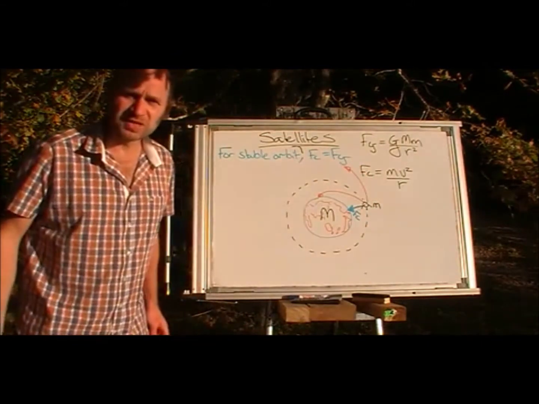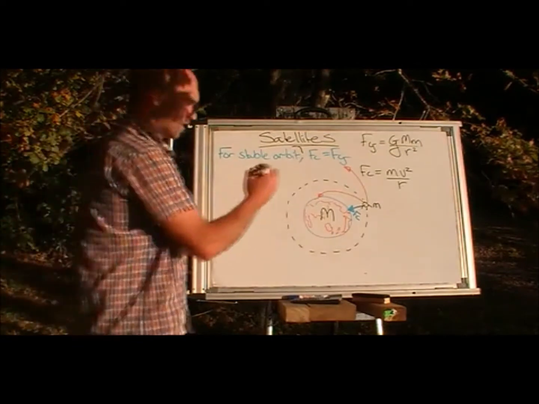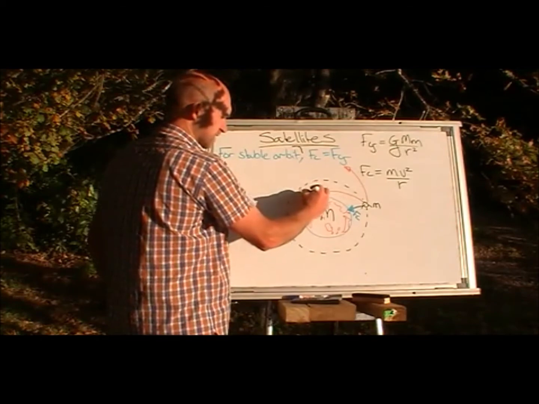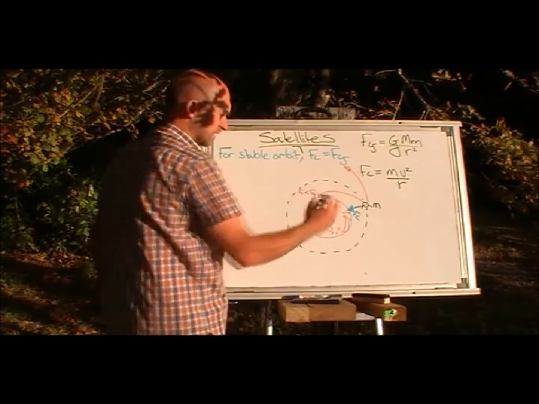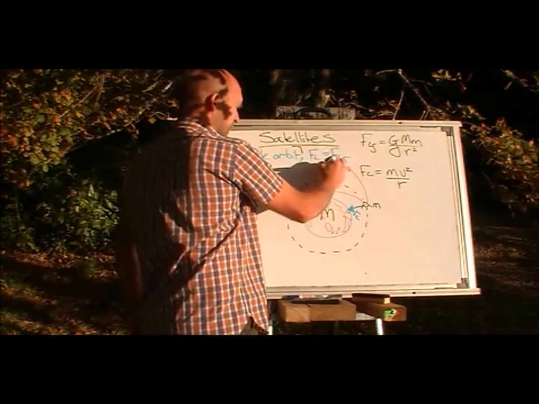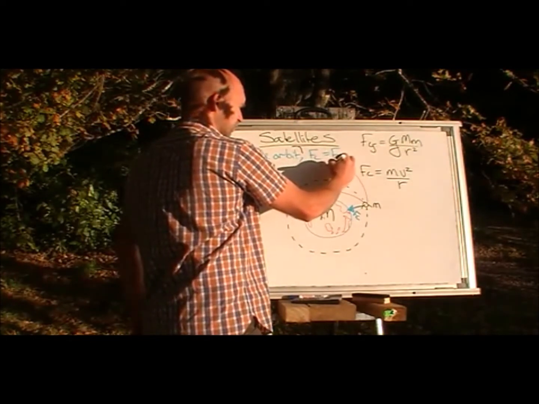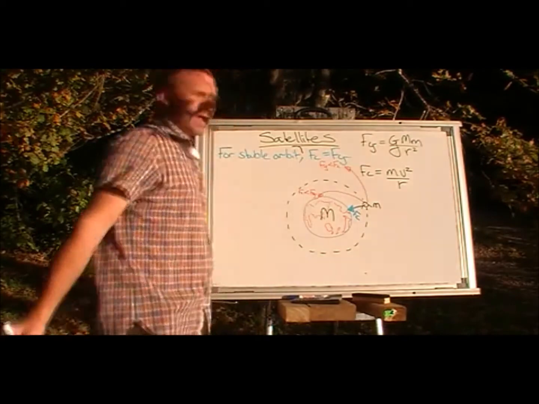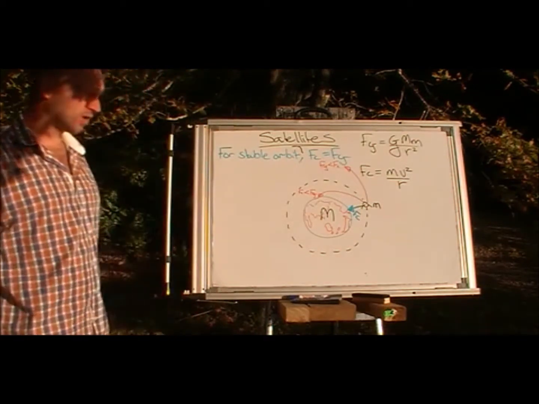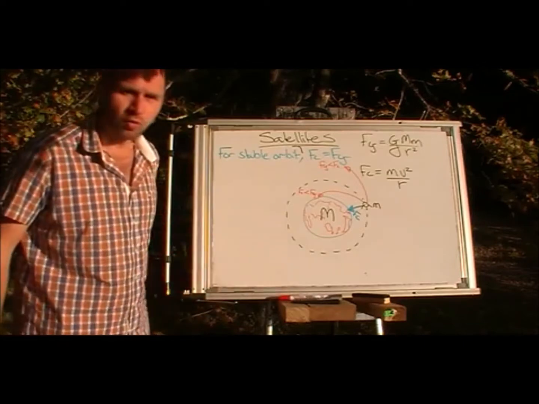It's the opposite sort of spiral. So this one here is where FC is smaller than FG, and this one here is where FG is smaller than the required FC.